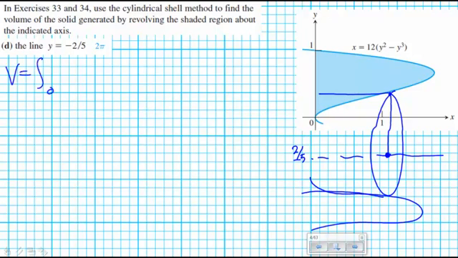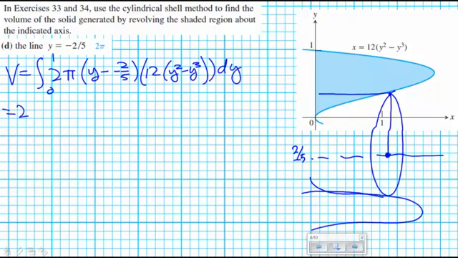Volume is equal to the integral from 0 to 1 of 2 pi, and now we need a descriptor of that radius. The high is now the y, the low is the axis of rotation, high minus low, y minus negative 2/5. And then this, of course, becomes 12 y squared minus y cubed again, dy.